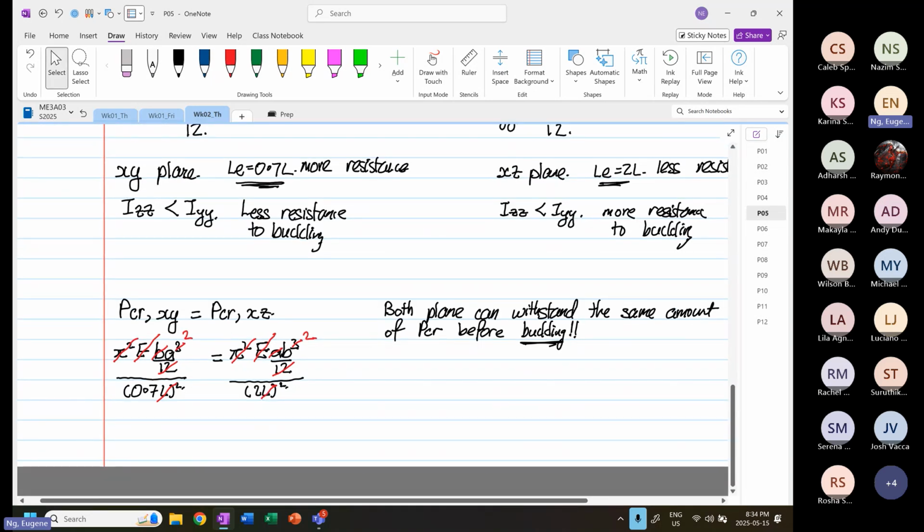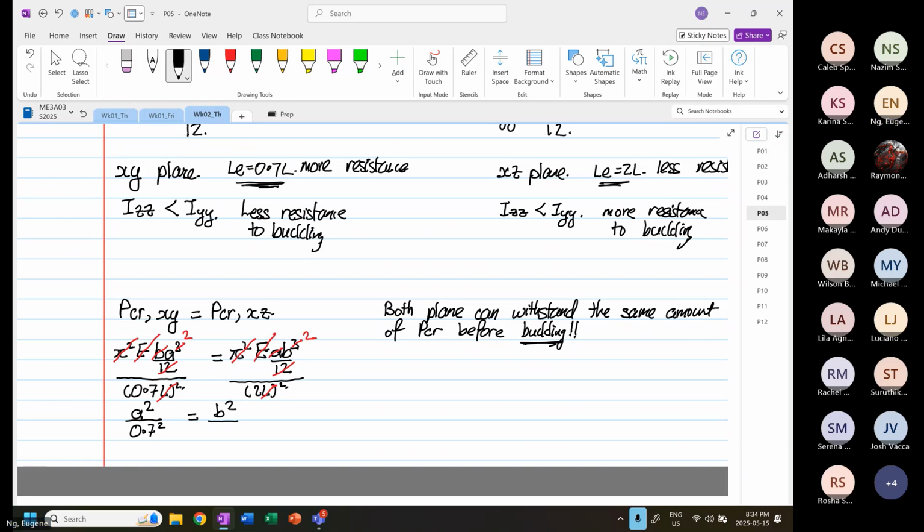So from here, what we have left is A squared over 0.7 squared, and over here B squared over 2 squared.